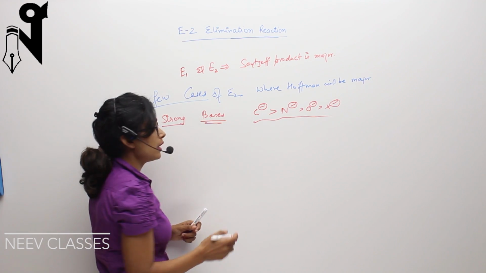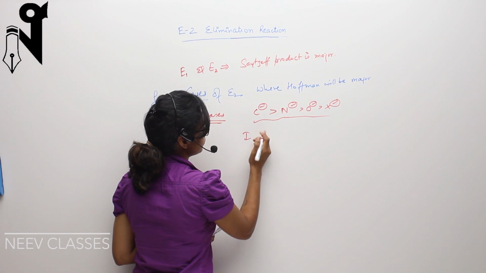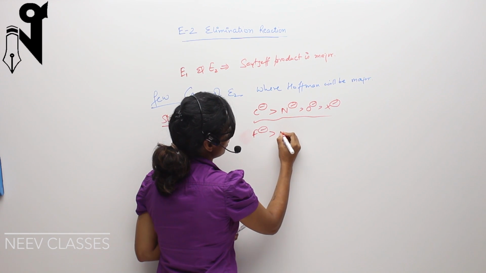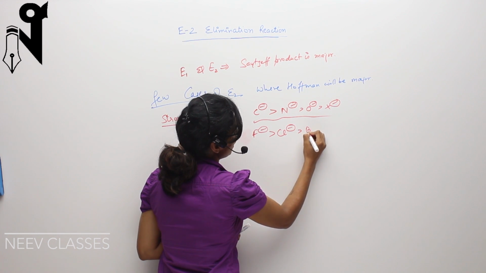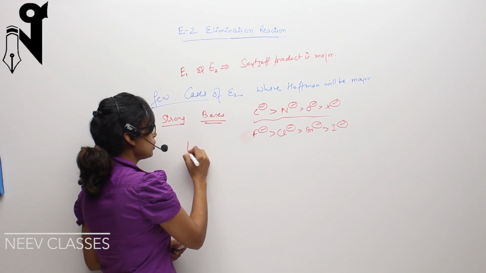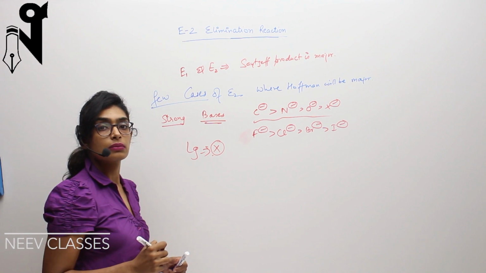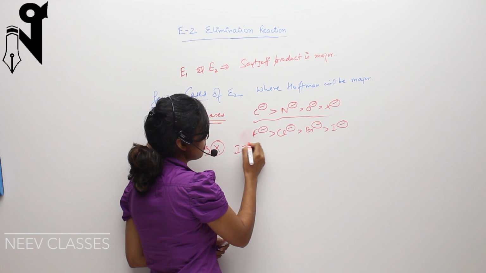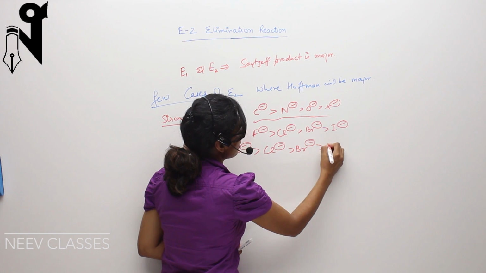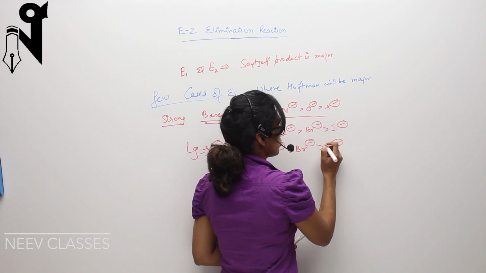When we are talking about X minus, F minus is the strongest base, then comes Cl minus, then Br minus, and then I minus. When we talk about the leaving group capability of halogens, I minus is the best leaving group, then comes Br minus, then Cl minus, and then F minus.